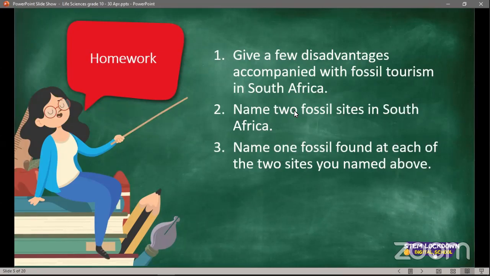Number 2, I said name 2 fossil sites in South Africa. We touched base on those yesterday. I didn't want to mention them during our recap because I was going to give you answers. Number 3, I said name 1 fossil at each of the 2 sites that you would have named above on number 2.